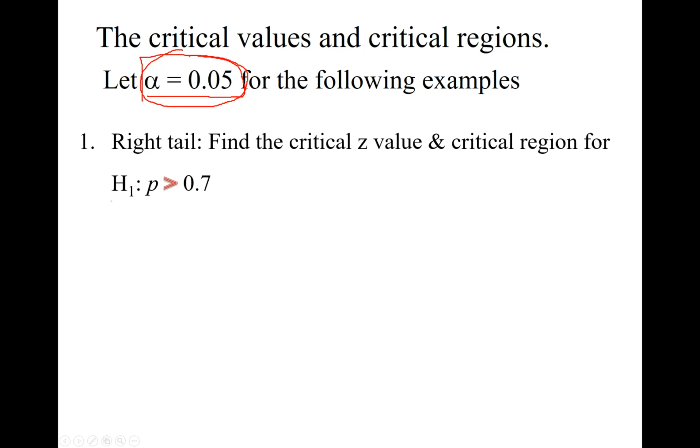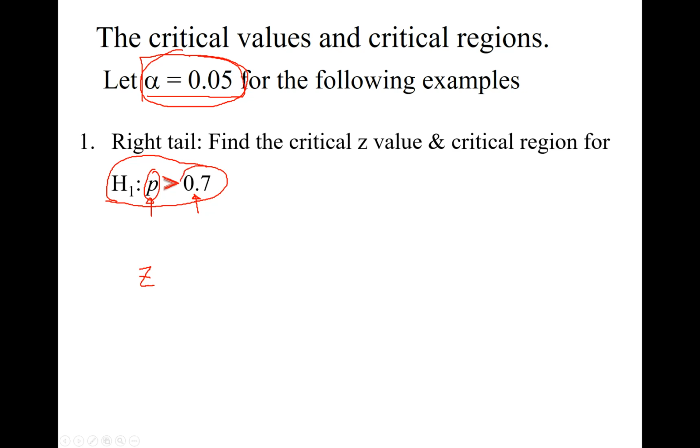Let's take a look at the first example. This is a right-tailed test. How do I know? Because this is greater than. I really don't care what this symbol is and what this value is. The idea is the same. The reason I chose P here is that we know from before that when you test P, the population proportion, the Z statistic is involved, which means the standard normal distribution is involved.